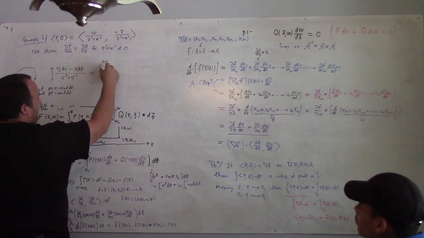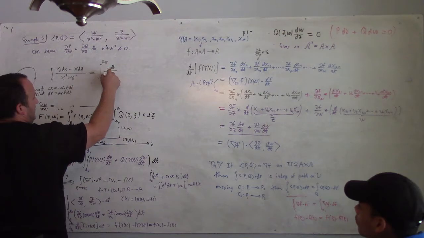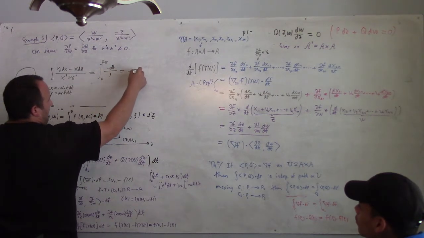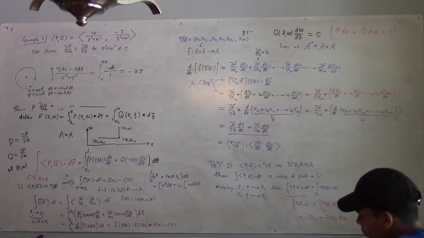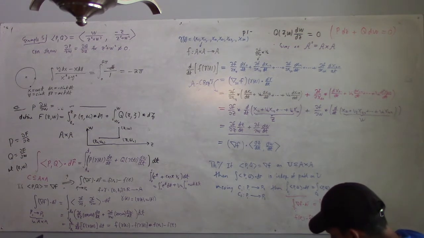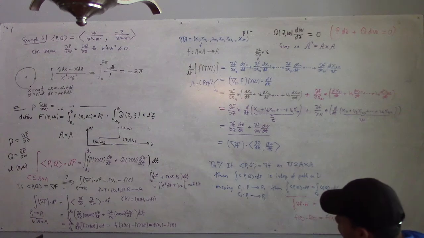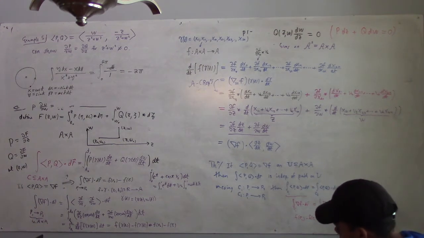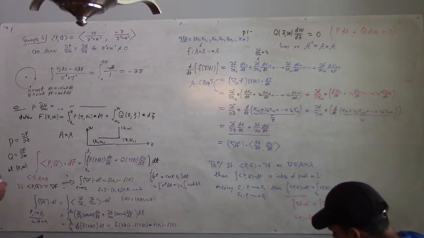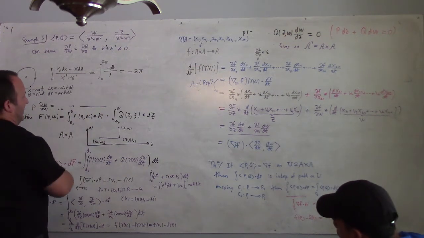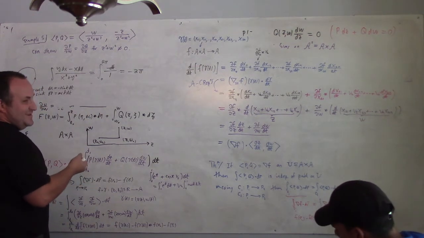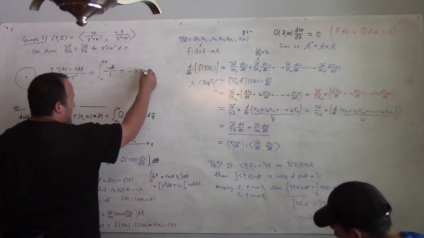So this is literally minus dt over 1, which gives us minus 2 pi. All right? So I would say that the choice of signs in example 5 on page 859 of Salas and Hille is, to my tastes, a little bit off. I would usually like to say x dy minus y dx so that I get a 2 pi here, just as a point of personal taste. Anyway, this is not equal to 0, obviously.